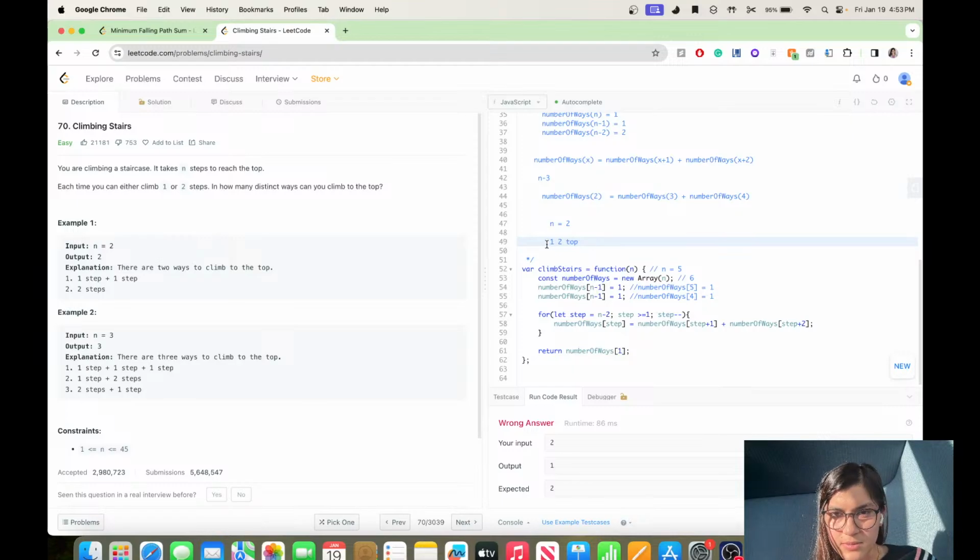If this is top, then 1 to 3, then you can just build 3 array and then number of steps.